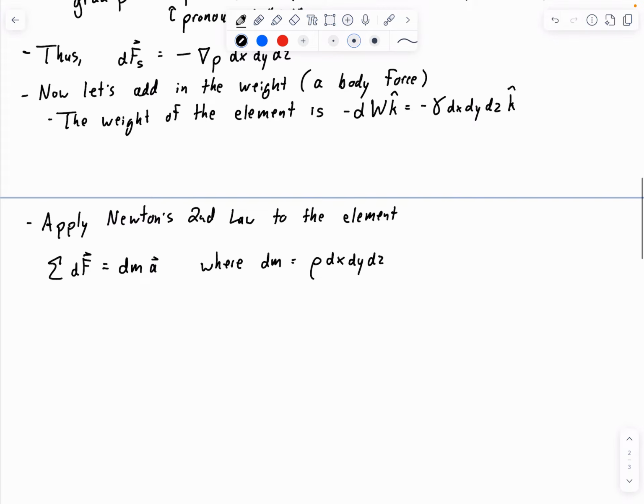And so now we can plug in our values here. So our expressions. The sum of forces is equal to our surface forces, and then we have our body forces, which are negative, I should say, is equal to our mass times acceleration.